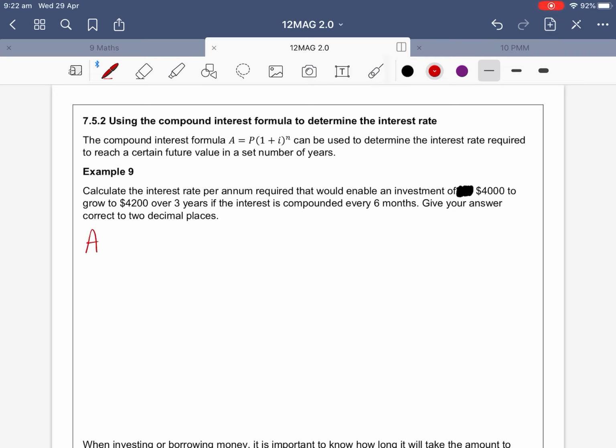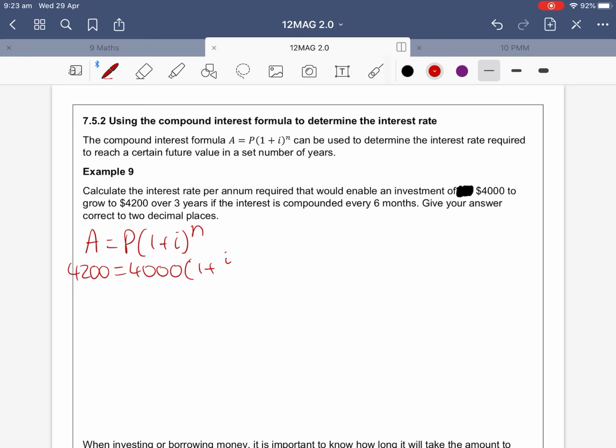Let's get to it. We know that A is equal to P(1 + I)^N. Let's substitute in what we know. Our final amount will be 4,200.